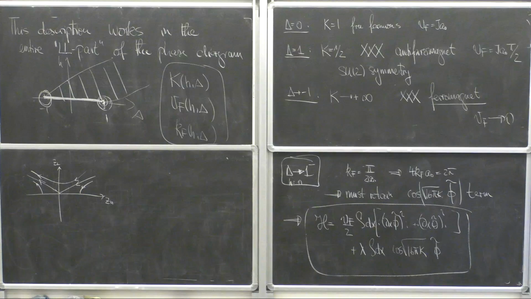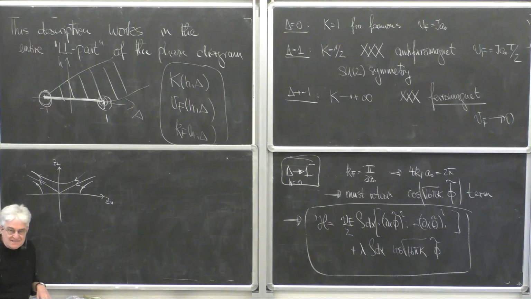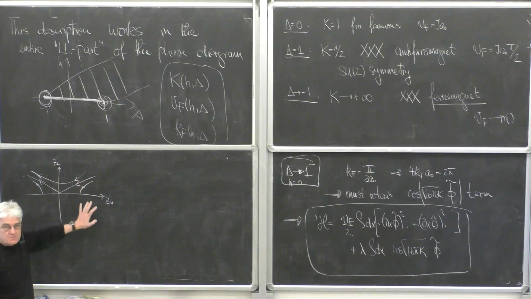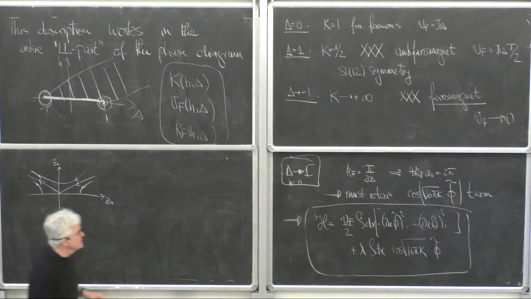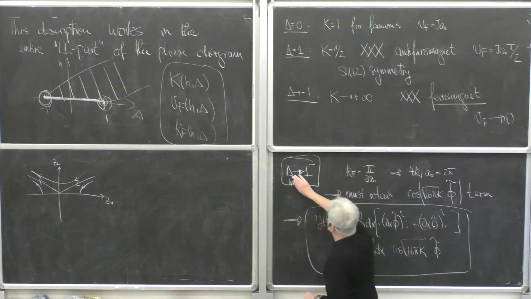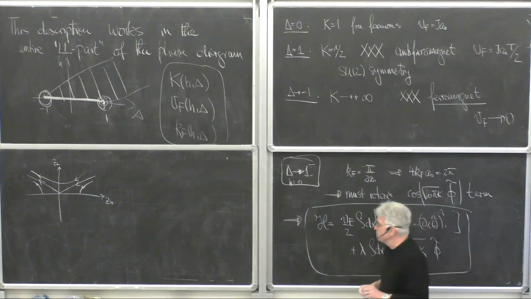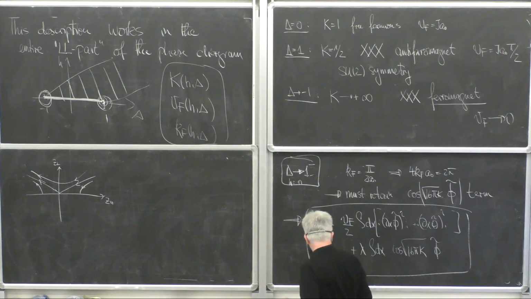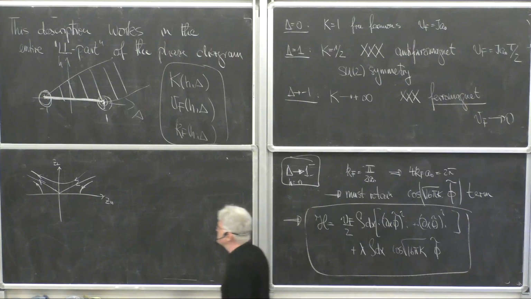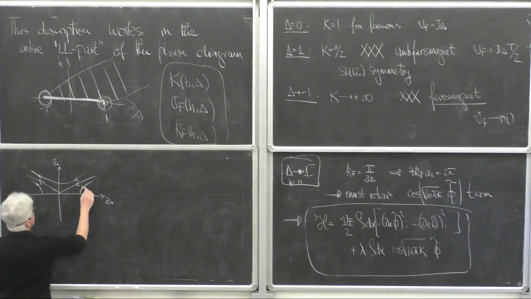Remember this. That was the flow diagram for that theory. Now we have to figure out where the lattice model sits on this flow diagram. Because we are approaching delta equals 1 from less than 1, you can convince yourself you're actually sitting somewhere here.